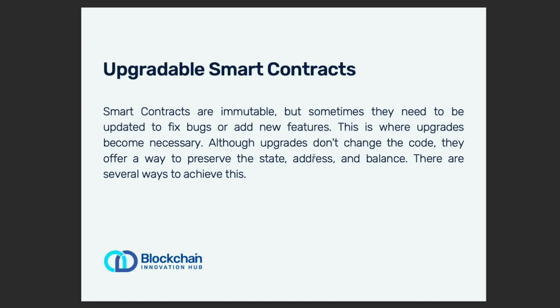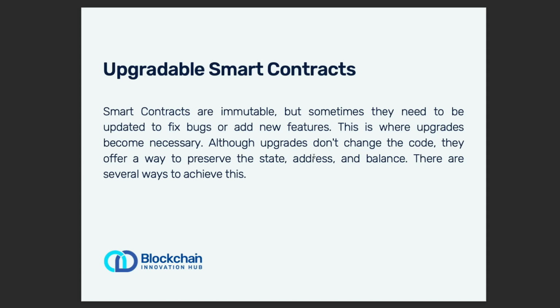Now, to understand these upgradable smart contracts, you need to understand that upgrades don't change the code. What they do is they offer a way to preserve the state, address, and balance. There are several ways to achieve this. So when you say upgradable smart contract, it doesn't necessarily mean changing the code of the deployed smart contract also.